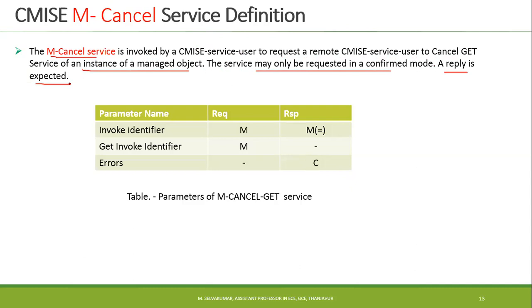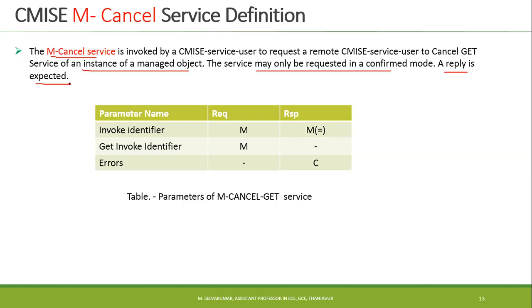For example, in an ATM, if you are typing, instead of typing 10,000 rupees, you type 1,000 rupees. You have to cancel it and rewrite it to 10,000 or 20,000. You have to change that information. You have to cancel that service. So this type of service, for example, I am saying the ATM machine.